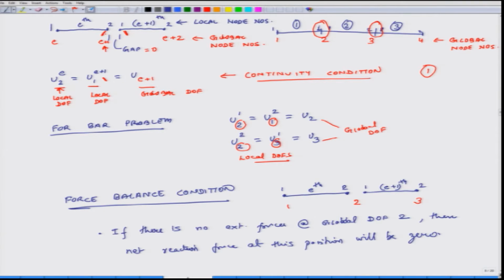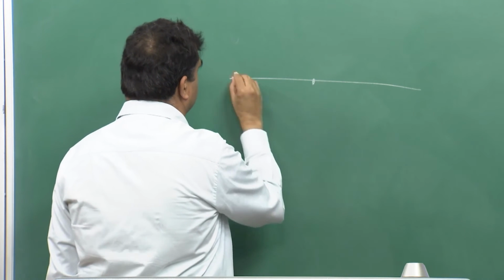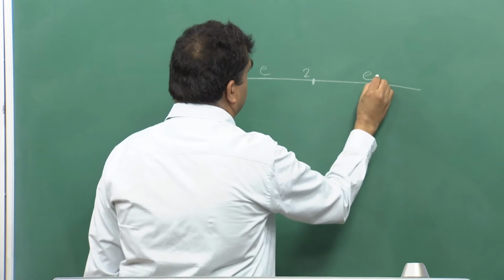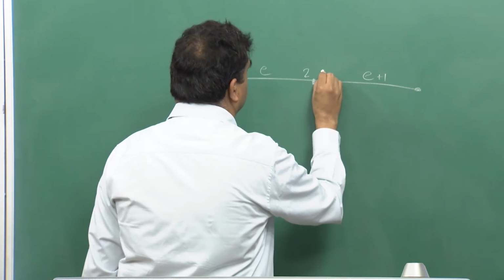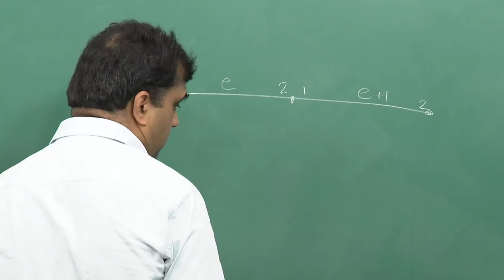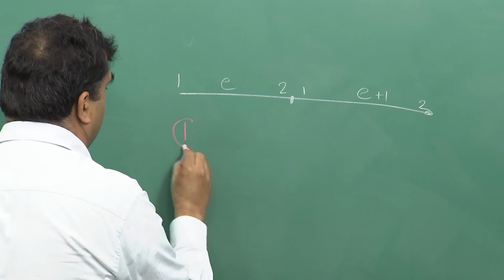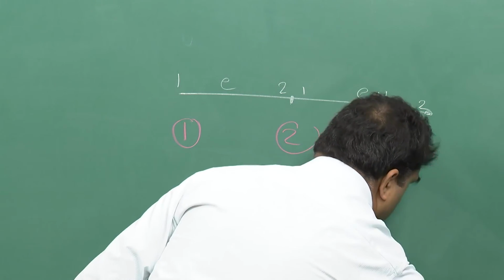What does this mean? Suppose I have a bar, and this is 1, 2, this is E plus 1, and this is 1 and 2, and the global degrees of freedom are 1, 2, 3.